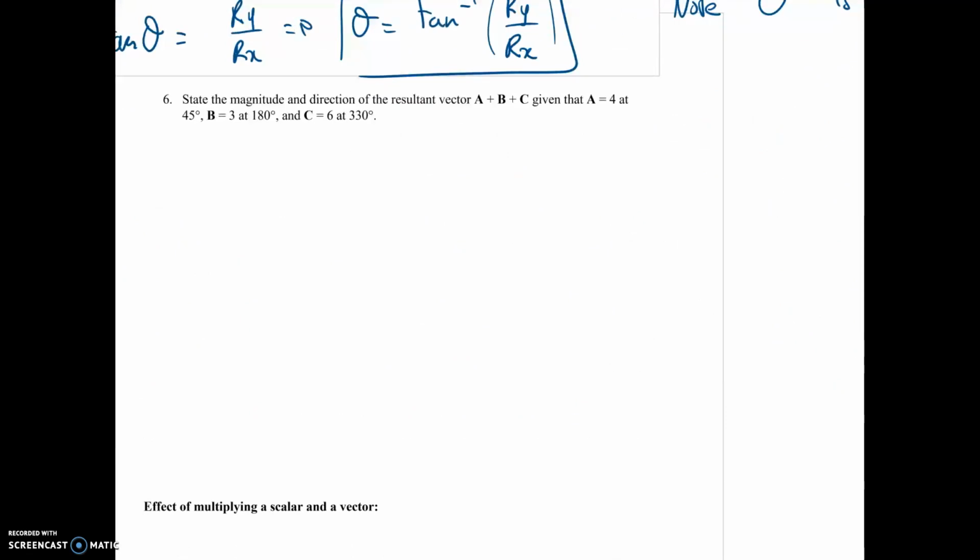In this problem number 6, what we are looking at is to state the magnitude and direction of the resultant vector a plus b plus c. So we are going to use what we know already, but if you want to recalculate that, you can. We know that the vector will be defined with an rx component equal to 5.024 and ry component negative 0.172.